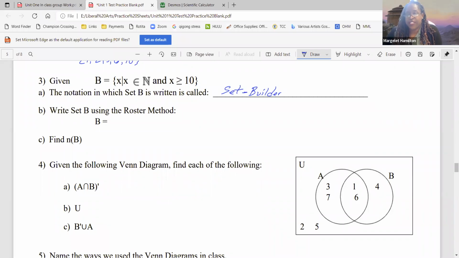Set builder notation. So if you see this in a multiple choice selection and they ask you to pick it out, I think you'll be able to do it. Can we do it now? Yes, ma'am. Okay, we would be able to recognize it if they asked us to pick it out. We'll be able to match it up.